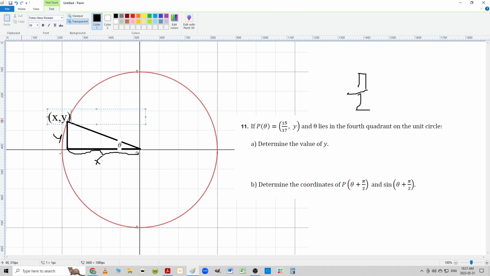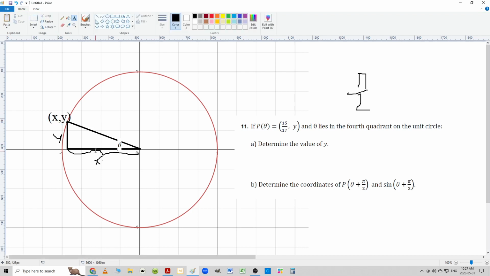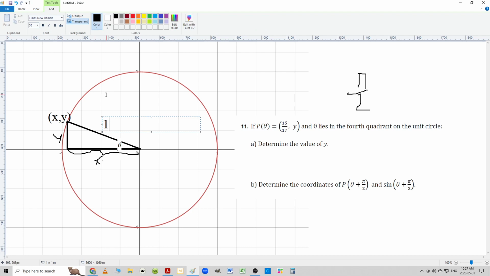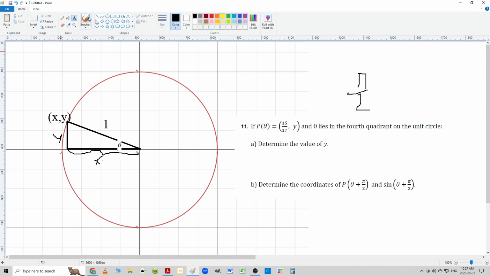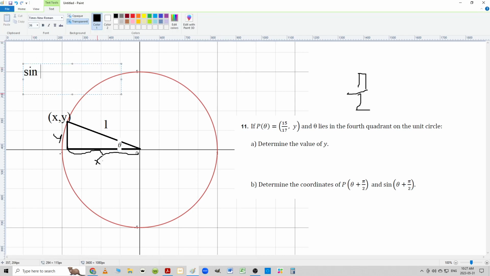x comma y. Now keep in mind we're talking about a unit circle, with a hypotenuse of 1, which means the sine of this angle is equal to the opposite, y, over the hypotenuse 1. Or in other words, for any angle in a unit circle, the sine of theta is equal simply to the opposite side, which happens to be the y value.